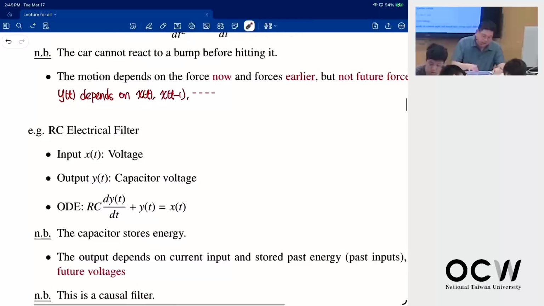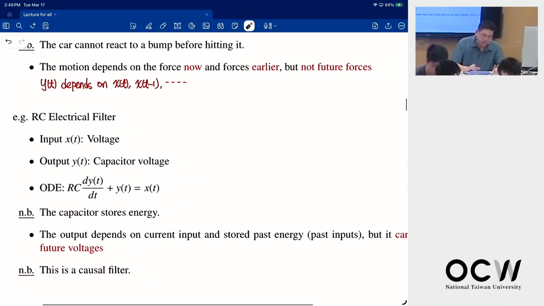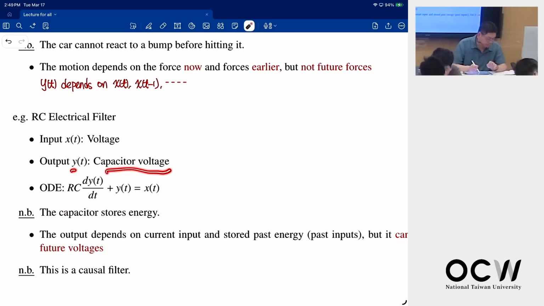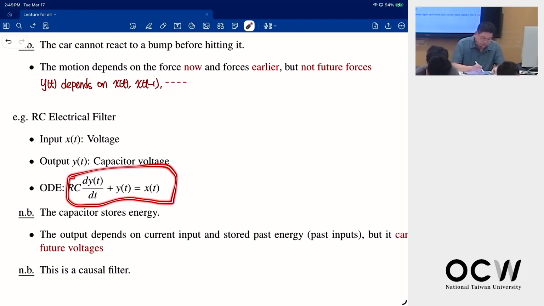Second one is the RC electrical filter. x is the voltage and output is the capacitor voltage. Then we have this ordinary differential equation. This is a causal system because the capacitor stores energy.